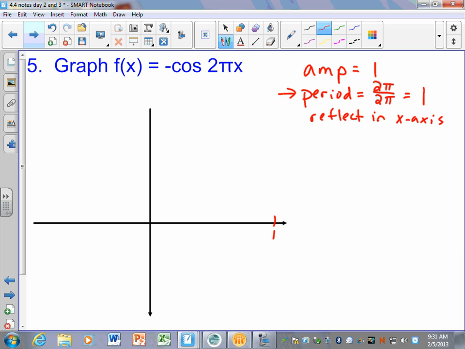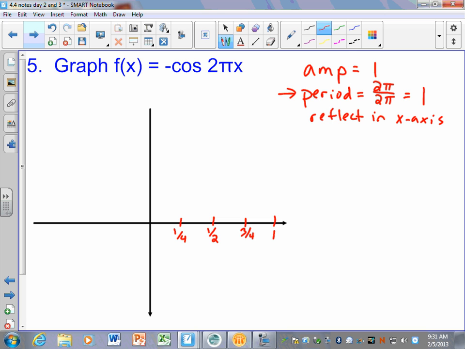So if I take half of 1, that's just 1/2, yes? And if I take half of a half, what's that? A fourth. And what would be halfway in between a half and 1? 3/4.